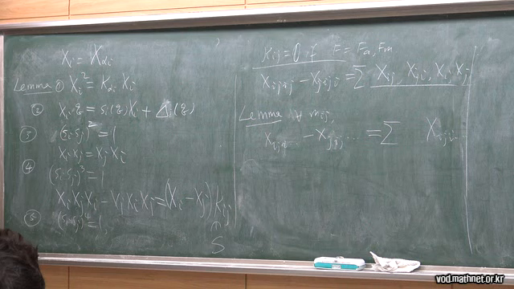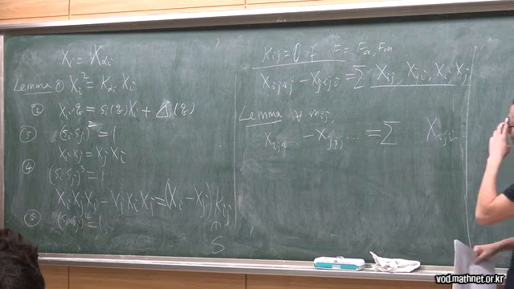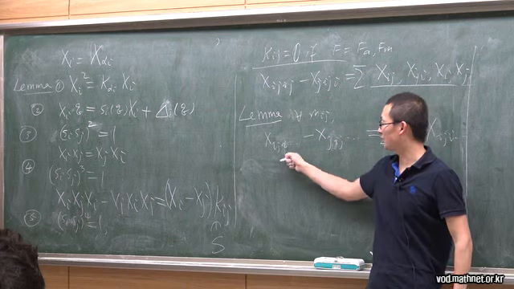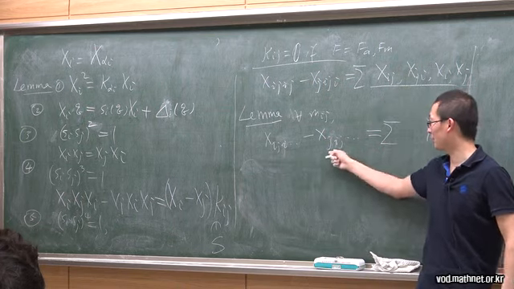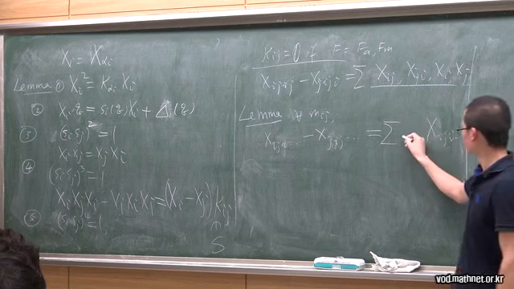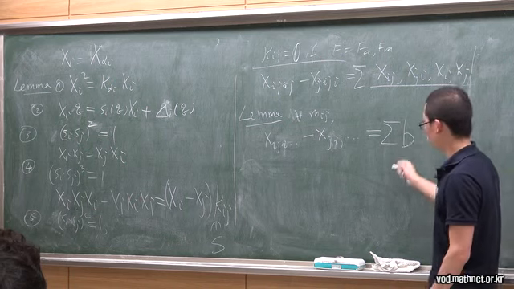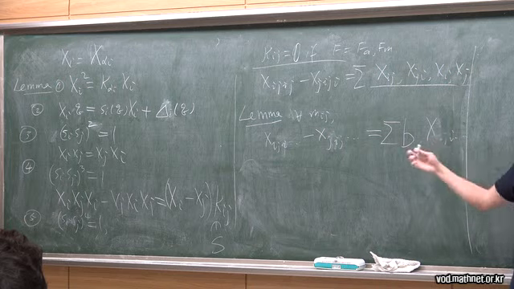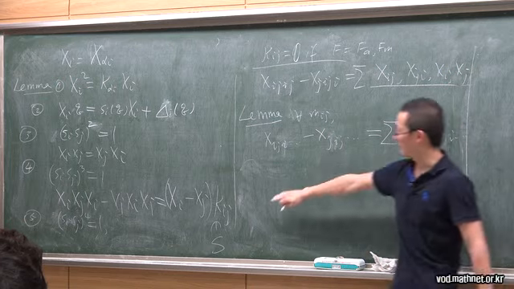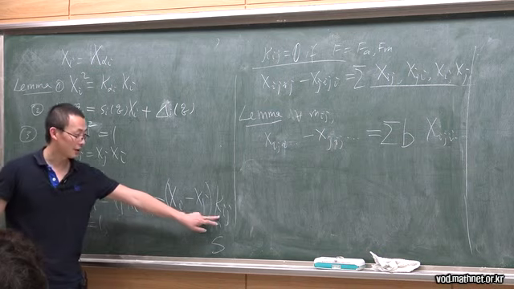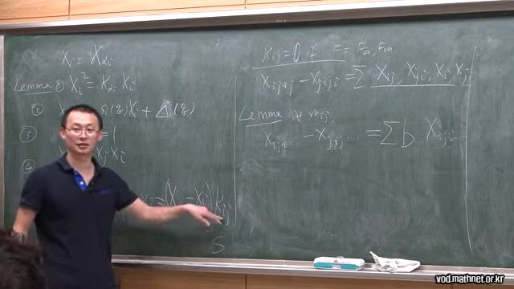I will stop it here because they all look similar. That is, if you have Mij, then you have Mij copies here, and here you also have Mij copies. The difference will be a linear combination of such things. And then the coefficient, let me put it as b, because there's not just one coefficient. In front of each term, you have a different coefficient. From that example, I put kappa ij; this kappa ij depends on i and j.